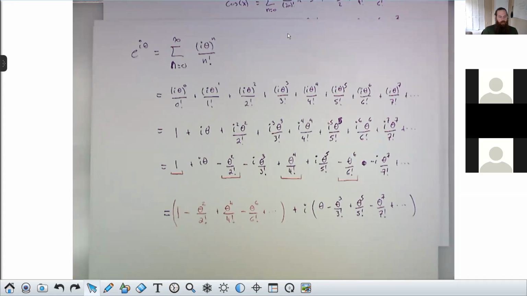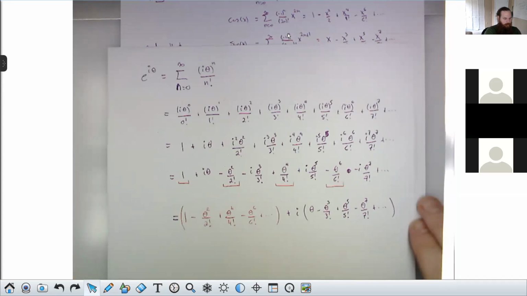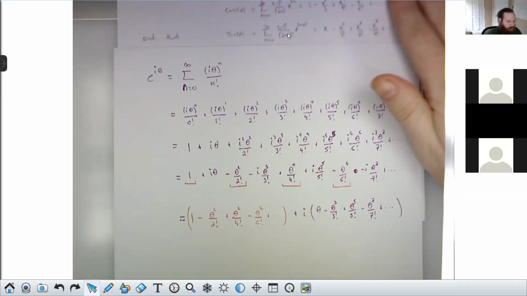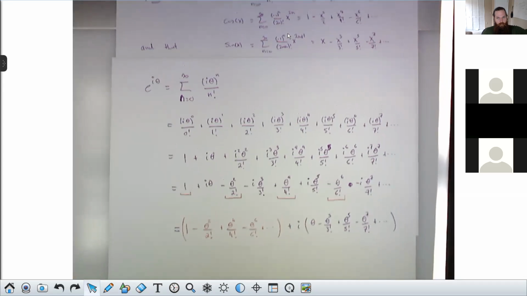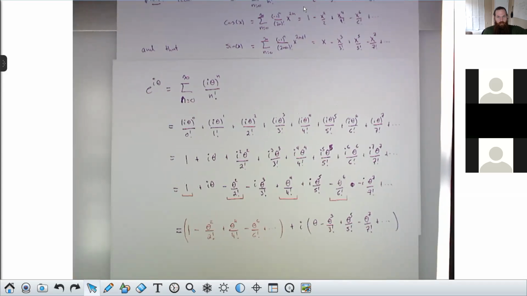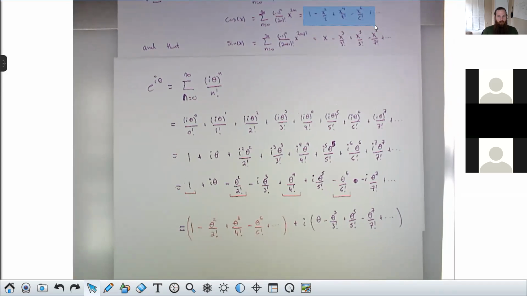And now I ask, do you recognize those power series? Cos x is this. So this is cos theta. Sine x is this.